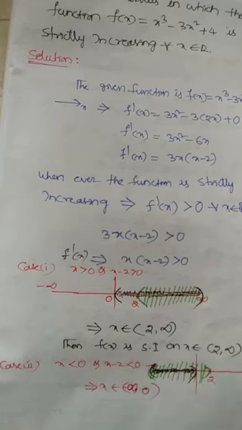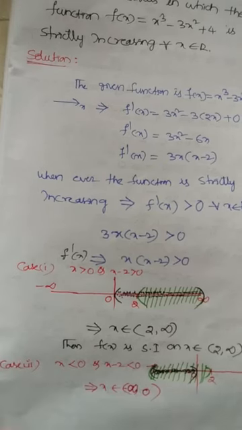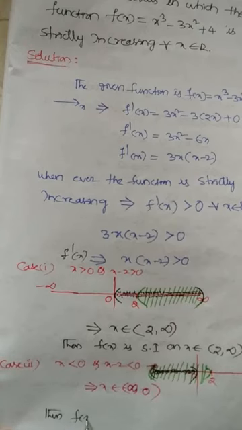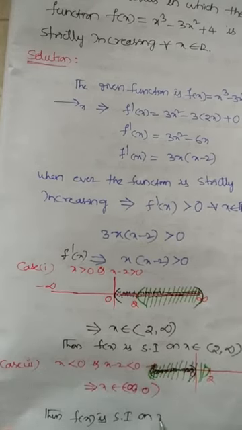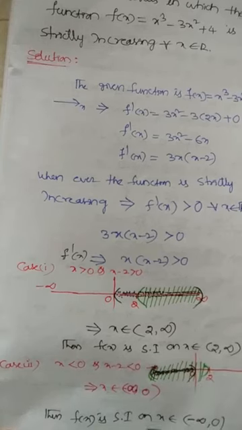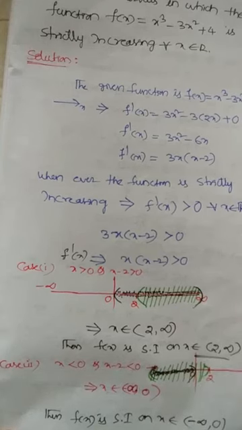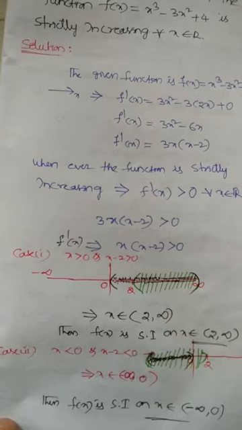Therefore we can make the conclusion here: f of x is strictly increasing on x belonging to minus infinity to 0 and on 2 to infinity. In these two intervals, f of x is strictly increasing.